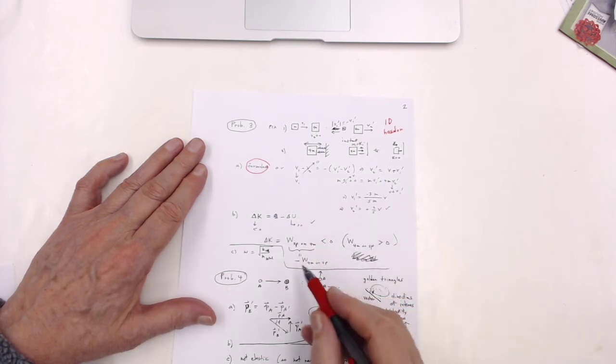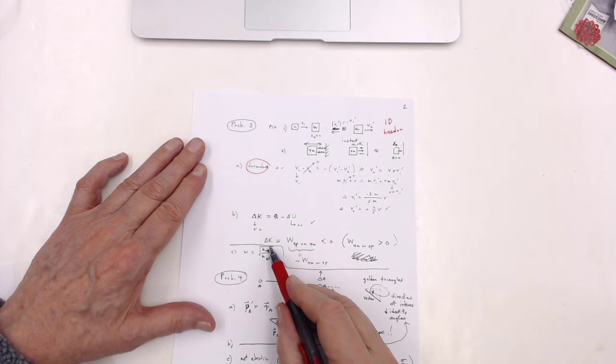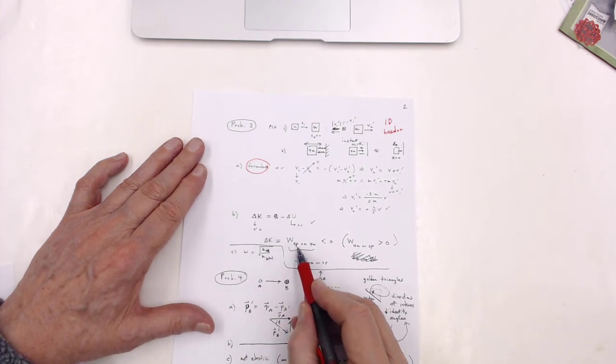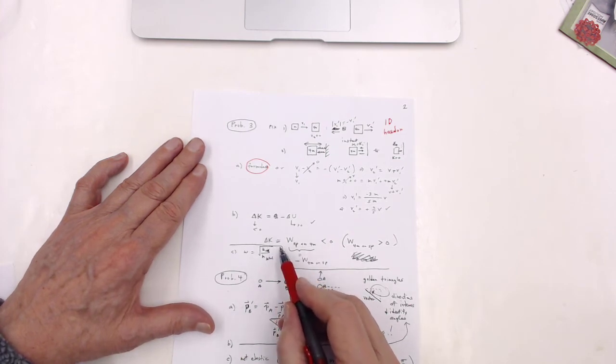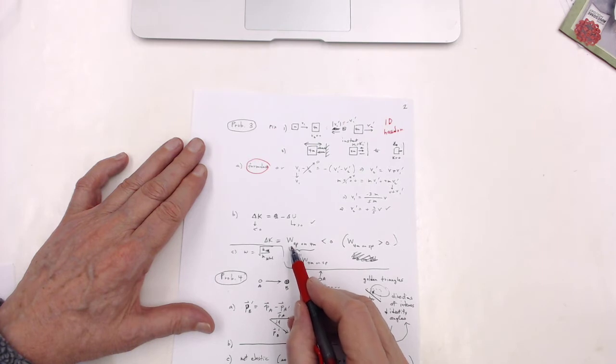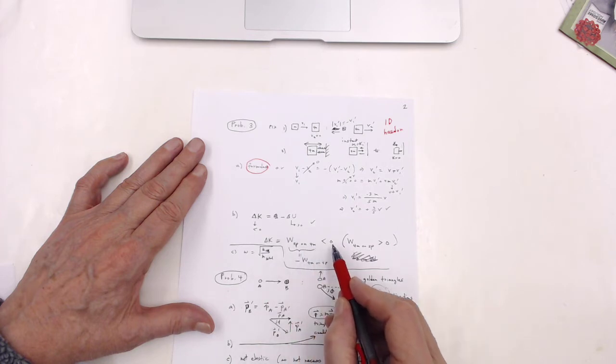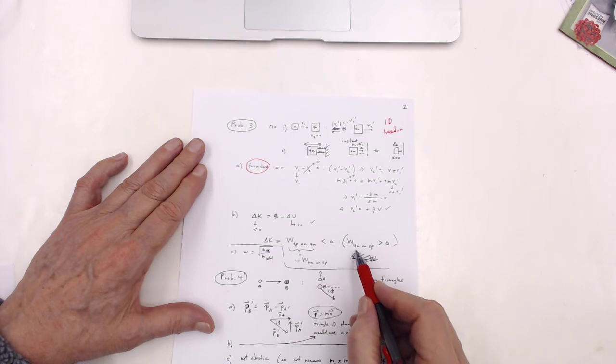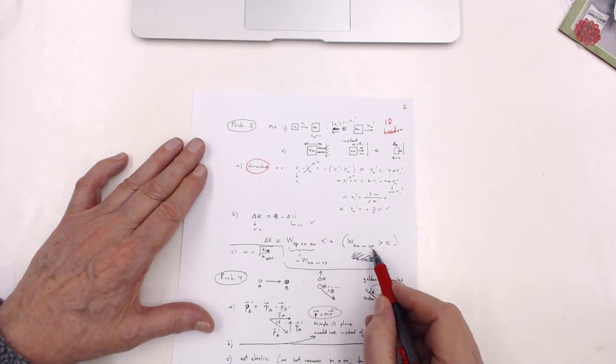And by the way, you know from the original work-energy relationship we had, delta K equals any net work on the thing. Well, in this case, it's the work of the spring on 4M, but it's negative. Sure enough, we do work on the spring. Our big body does work on the spring.